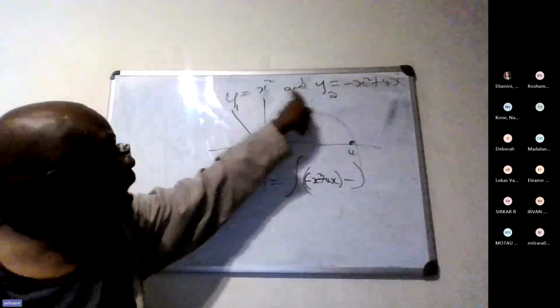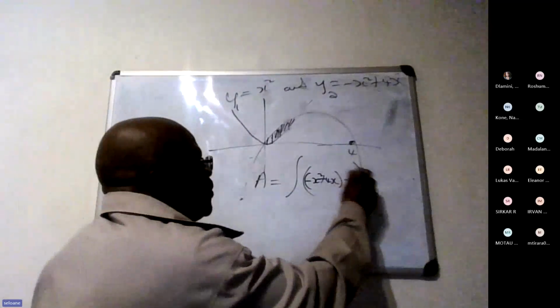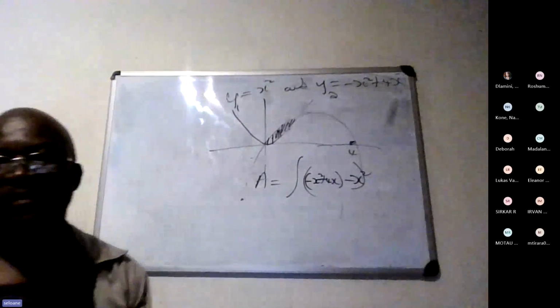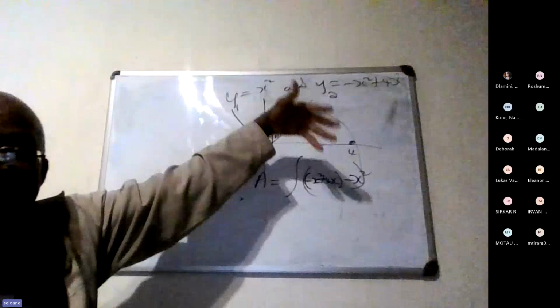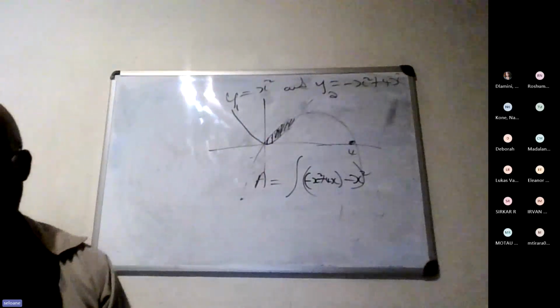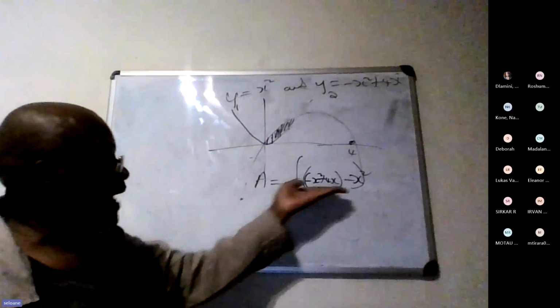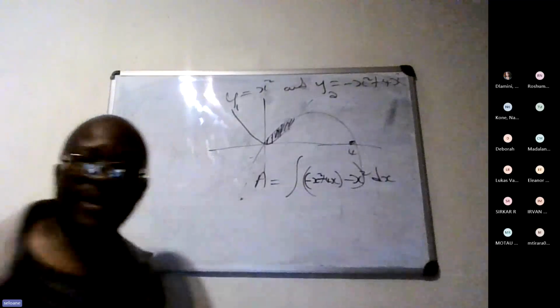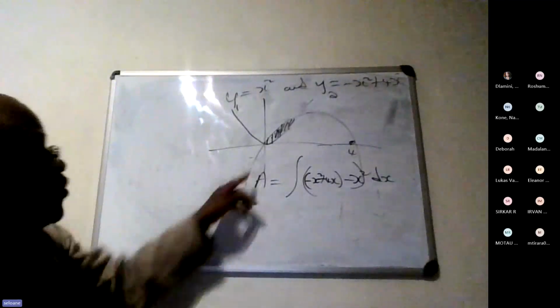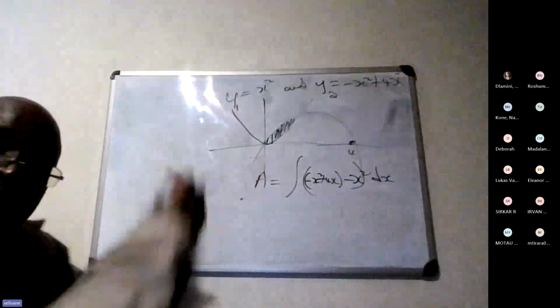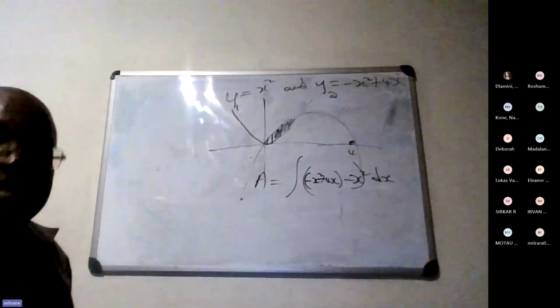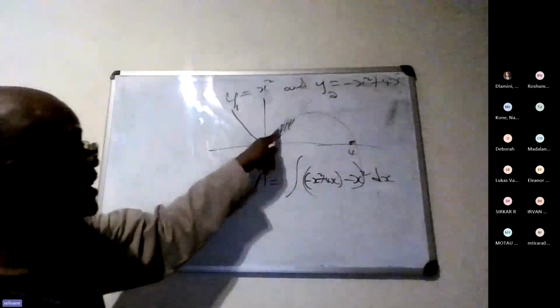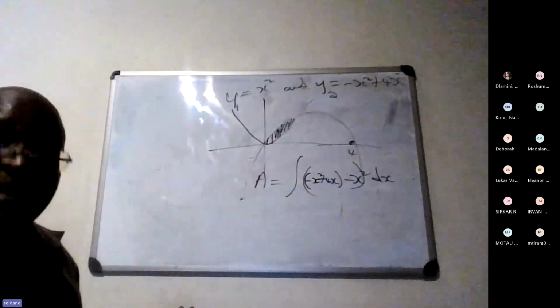And this is y equal to x squared. Then you are going to subtract this. It will be the top function minus the bottom function. Then, as you can see, this is in terms of x. Therefore, we are going to integrate with respect to x. Then we are now going to say this region is enclosed between which two vertical lines? That is, where does this region start? What is x there?